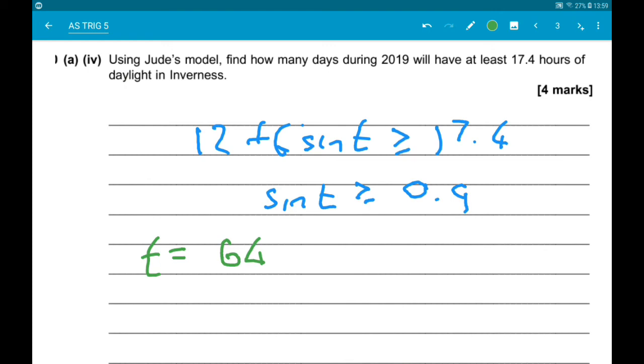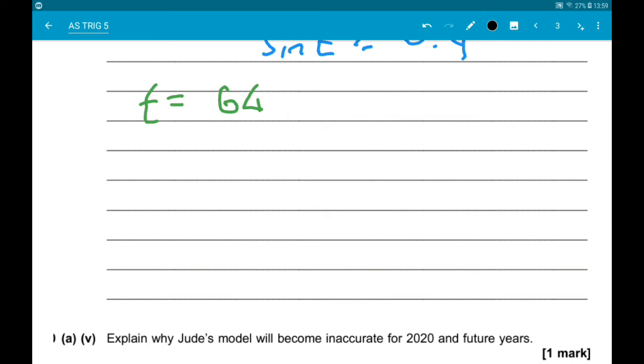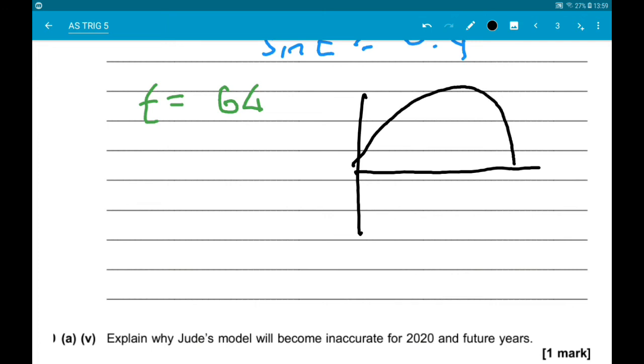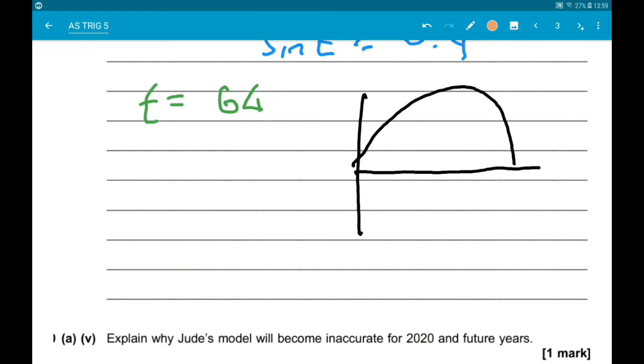So, if we sketch the graph, we're interested in the part of the graph which is 0.9 or above.